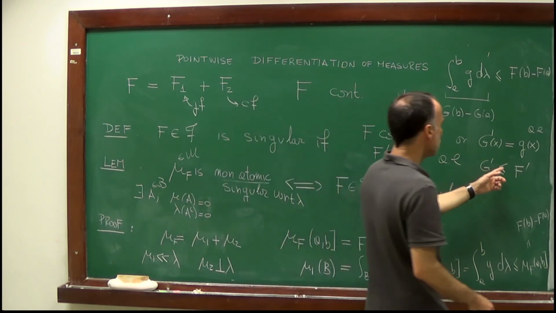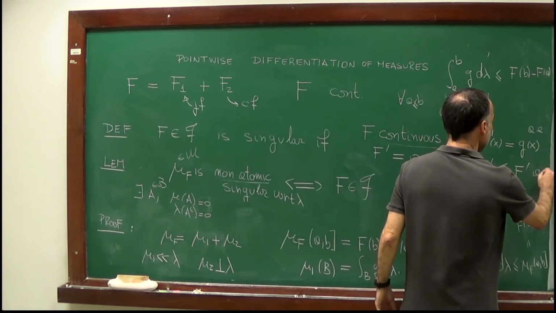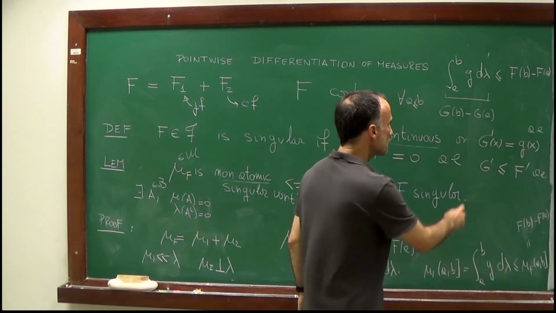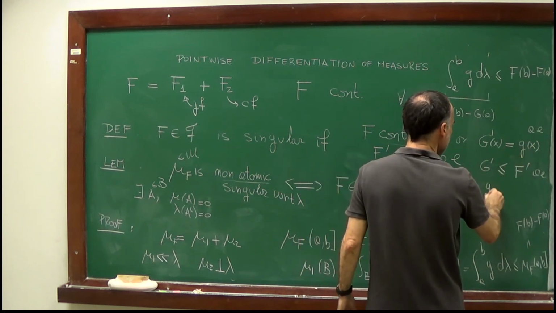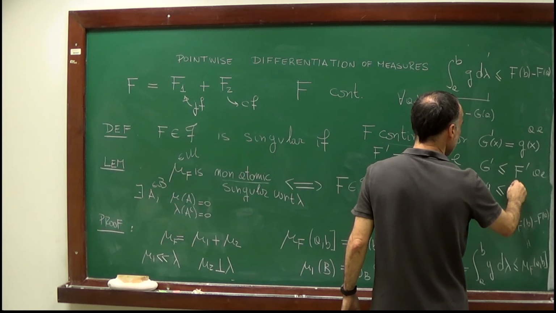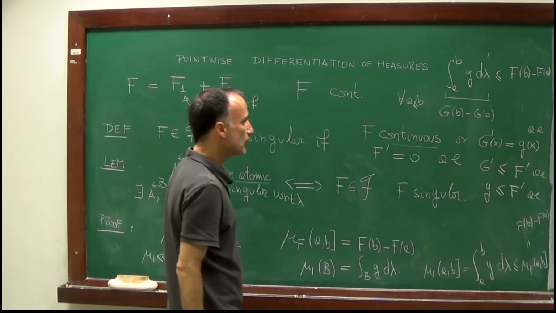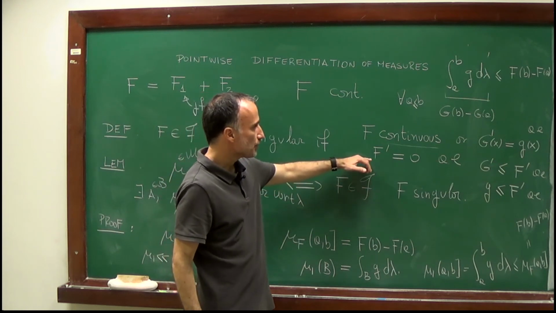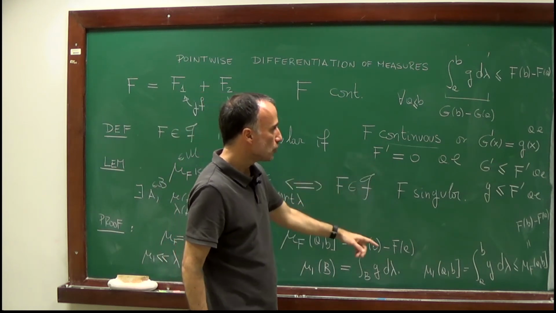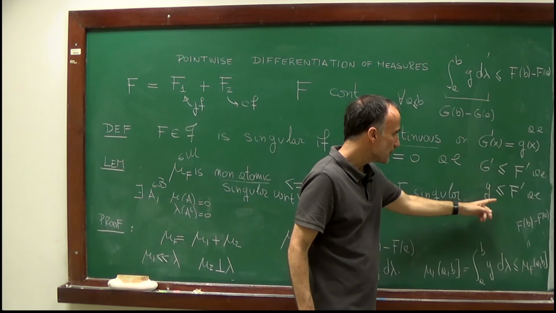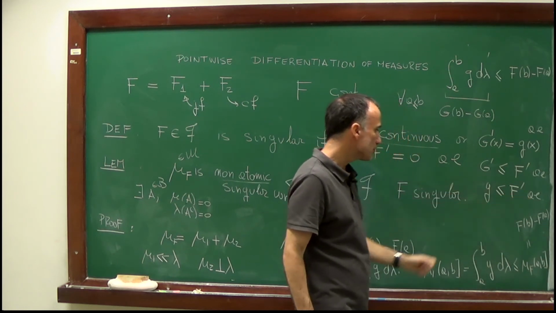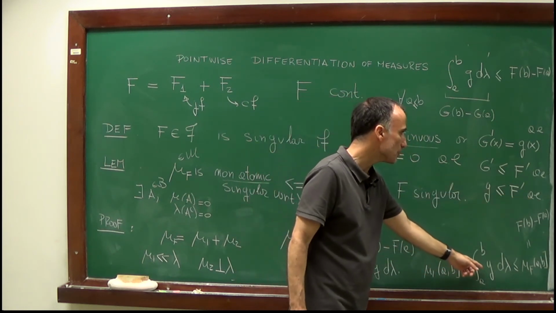So G prime is less or equal than f prime almost everywhere, but G prime is equal to g, so I know that g is less or equal than f prime almost everywhere. But by assumption, f prime is equal to 0. So that proves that g is equal to 0 almost everywhere, because g is non-negative. g is the Radon-Nikodym derivative.